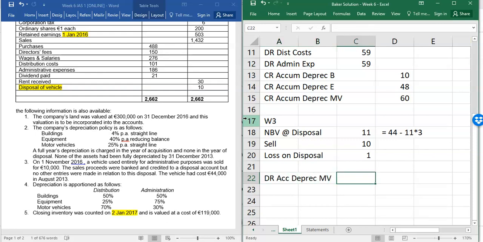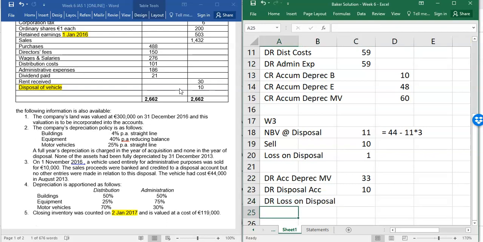You're saying remove 33, which is the accumulated depreciation of that asset. Because if that asset is gone now, it should be removed. We're going to debit disposal account, 10. That is removing this 10 here. It shouldn't be there on its own account. That's not how we account for disposal under IAS 16. You're going to debit loss on disposal, which is an expense.